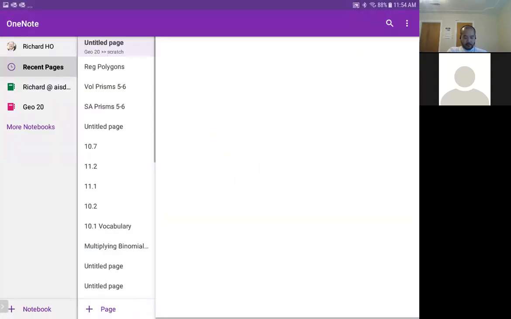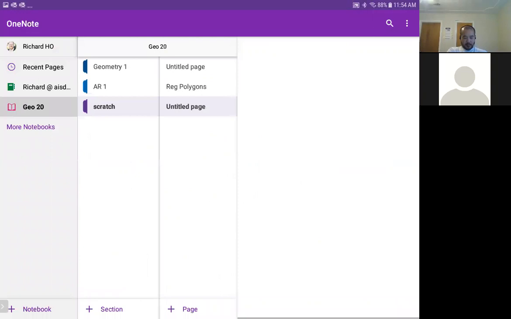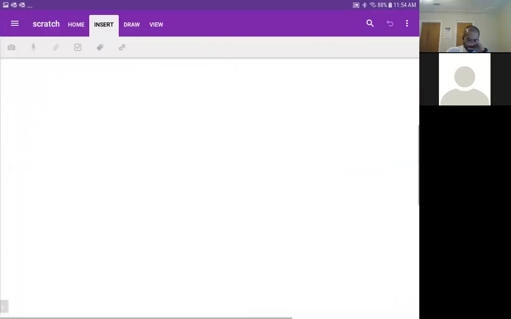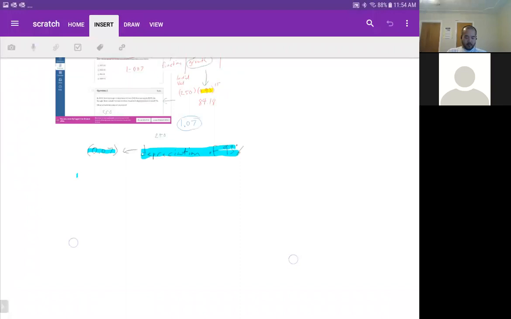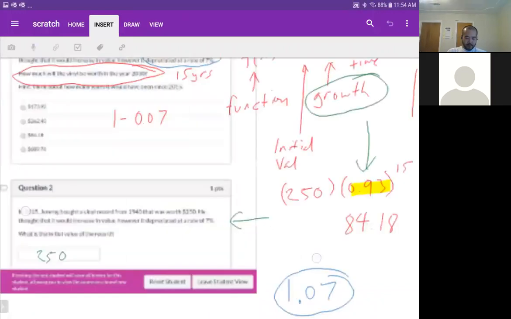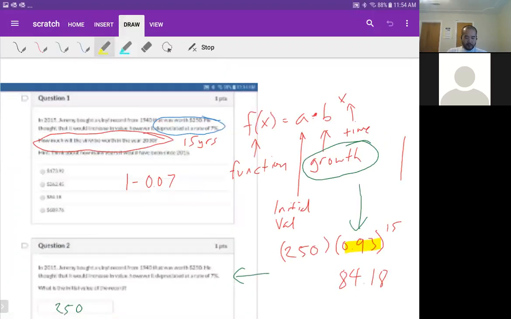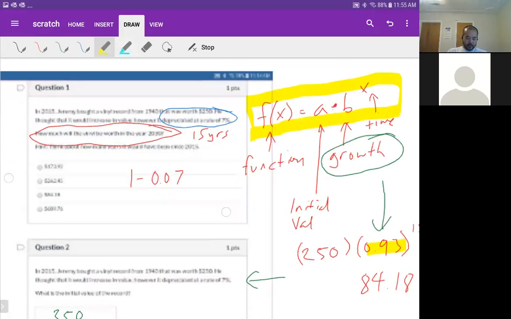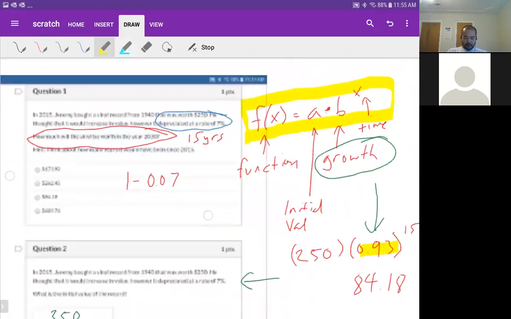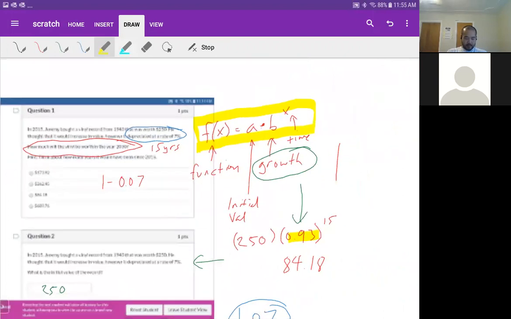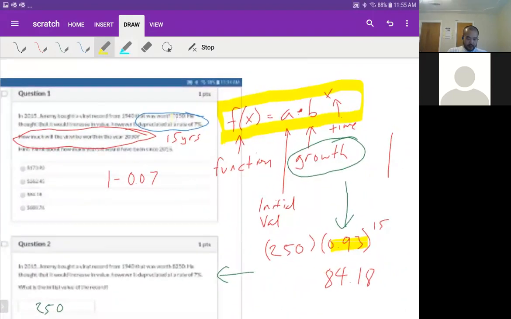Okay, my scratch pad. Yeah, here we go. Start with the red here. This is the equation that we're using: f of x equals a times b to the x. For the first question, it wanted to see what the value was, so we just plugged in the stuff for the equation. It was initially worth 250.